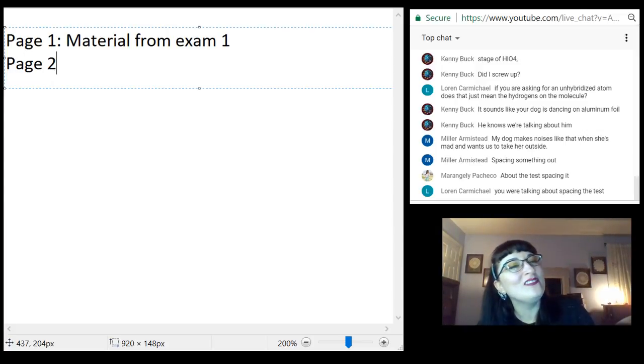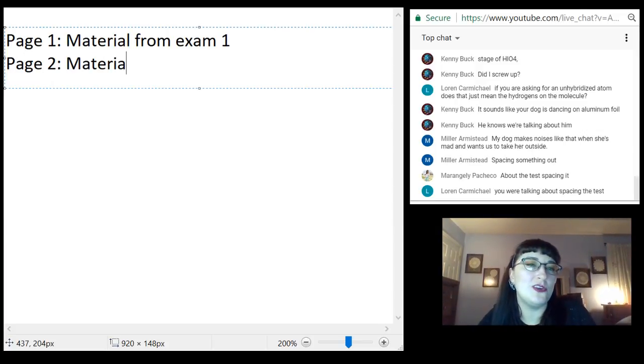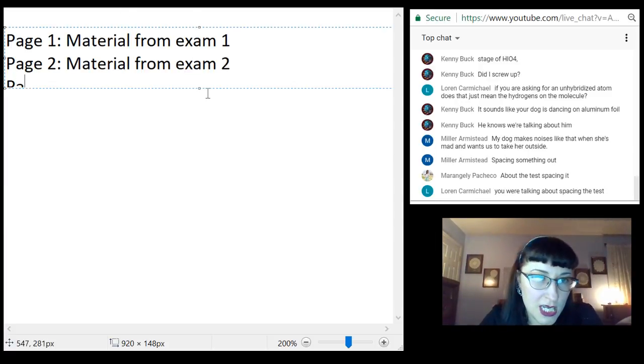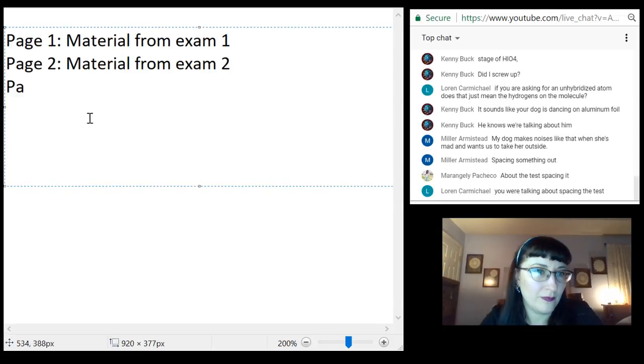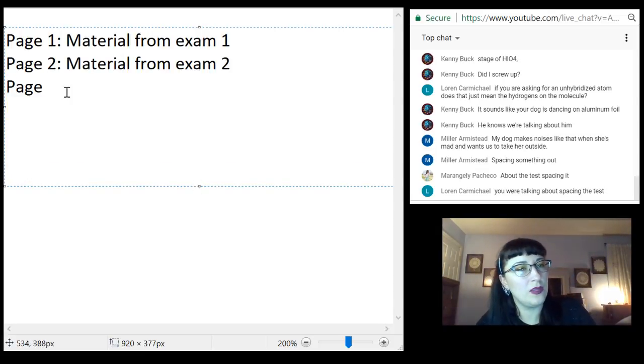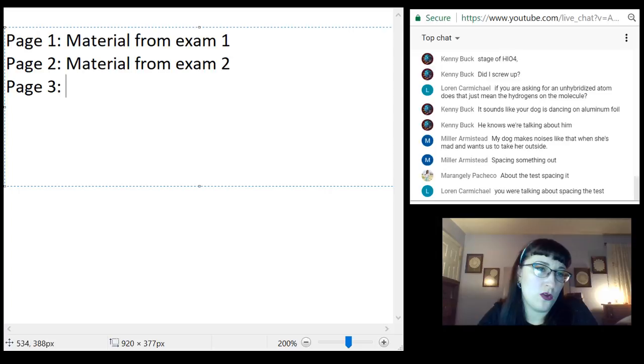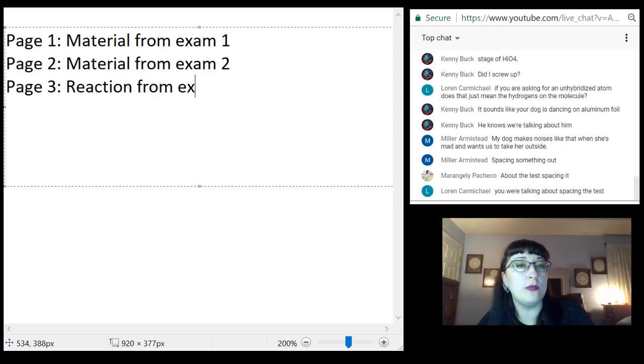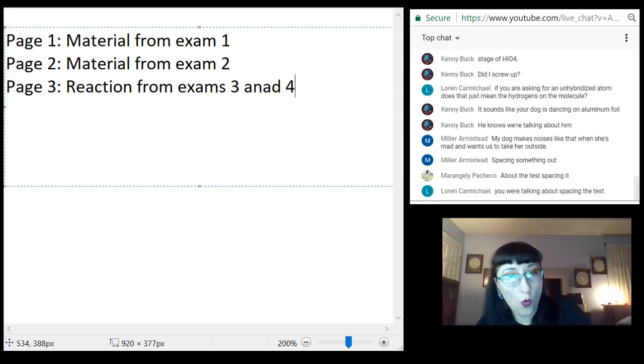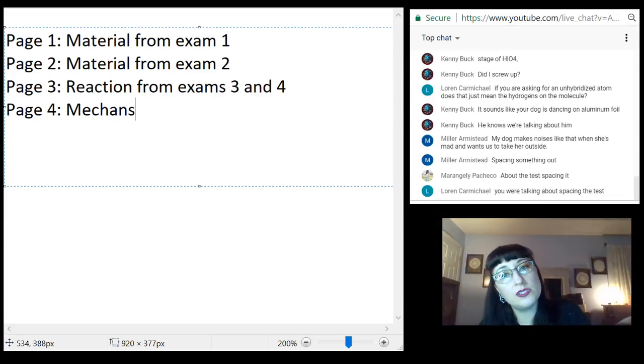Page 2 is material from exam 2. Page 3 is reactions from exams 3 and 4. And there could be acid-base problems on there too, but basically just reactions. And then page 4 is mechanisms. There are 3 of them.